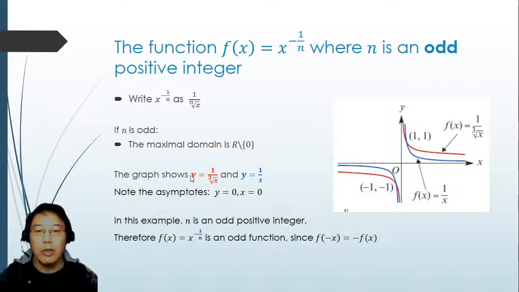Also, when x becomes very large or very small towards negative infinity, you can see both curves will get close to the x-axis, which is the equation y equals 0. So that's your second asymptote for the graph.